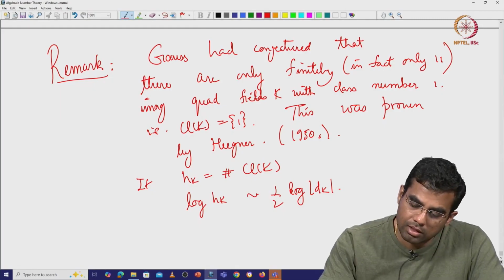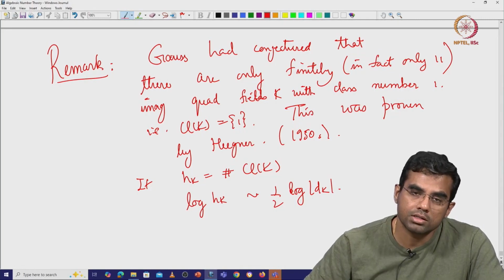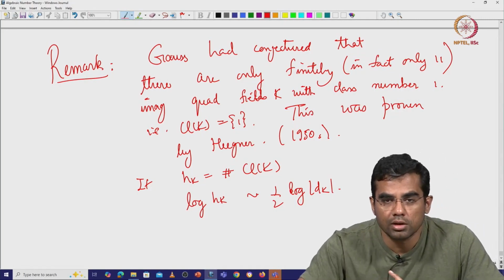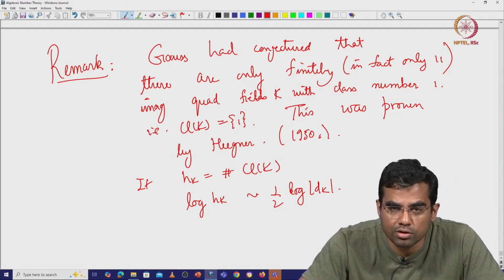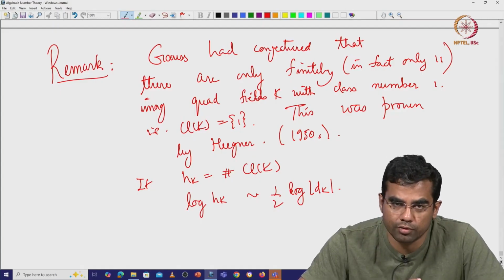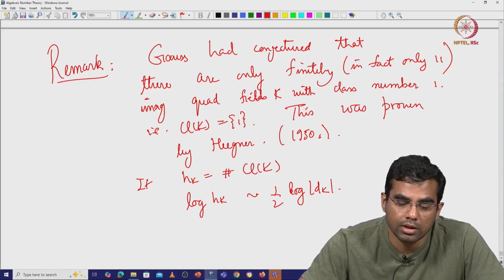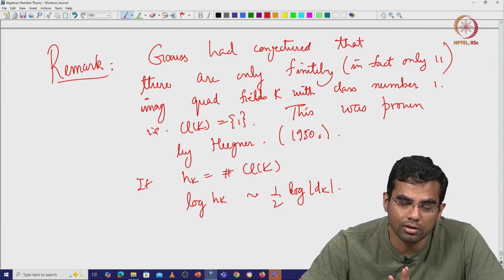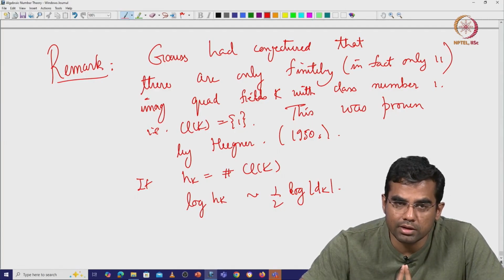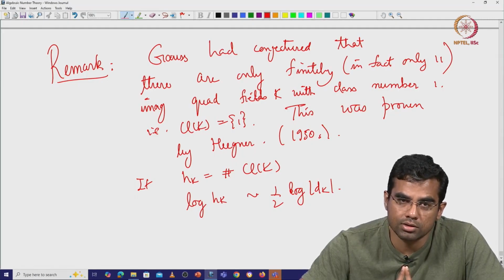Yeah, and the other thing which is still unknown is what is the structure of the odd part of the class group of imaginary quadratic fields, and it seems to be cyclic almost all the time, meaning like maybe more than 97% of the time, but that is sort of conjectural.